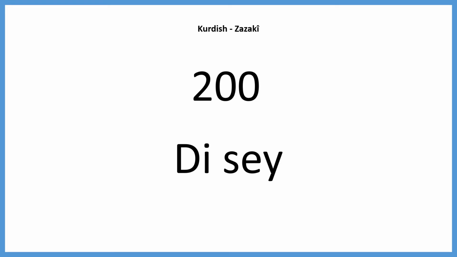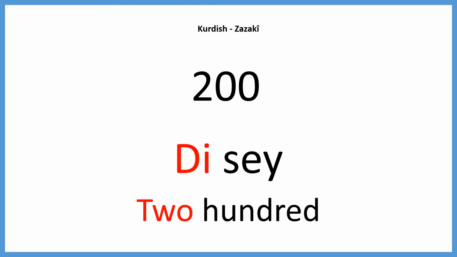200. So the number 200 would be dese. We can see that dese in Kurdish has the same word order as 200 in English. De means 2 and say means 100.